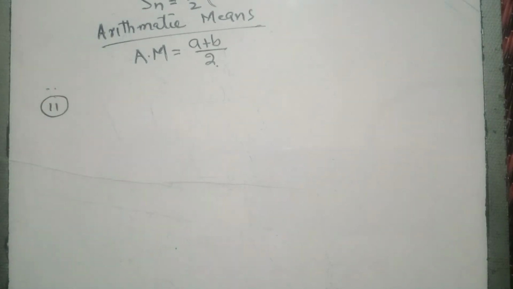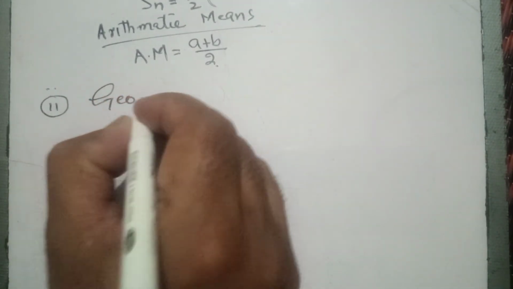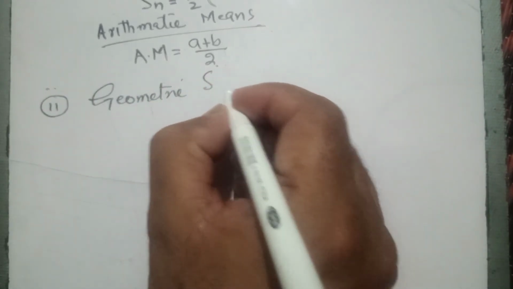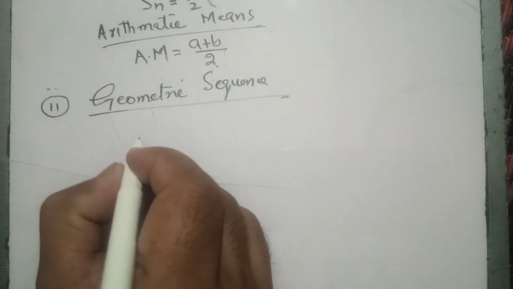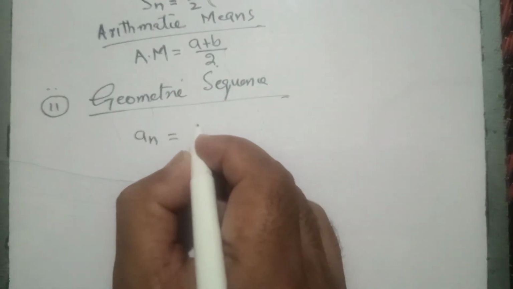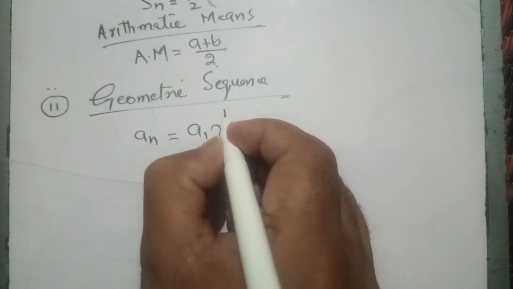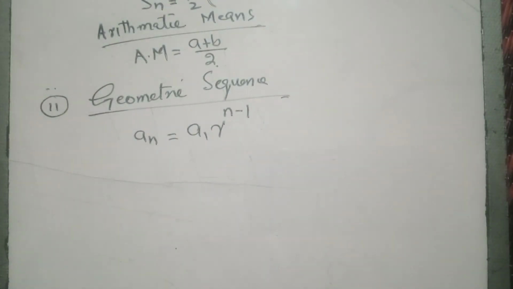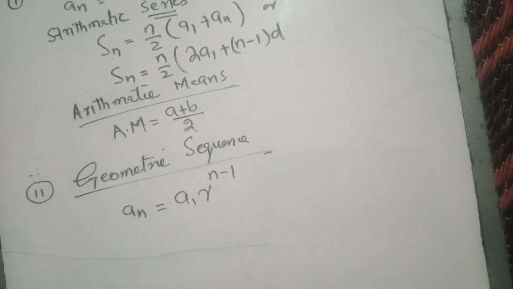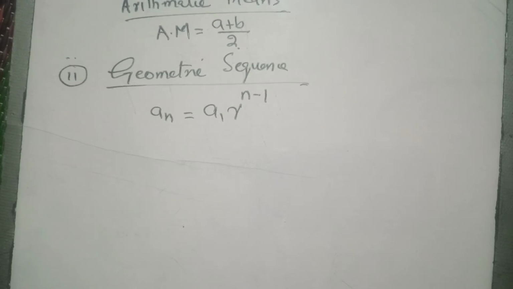Next, we have the geometric sequence. Its nth term is an is equal to a1 r power n minus 1, where an is the nth term of the geometric sequence, a1 represents the first term, r represents the common ratio, and n represents the number of terms.